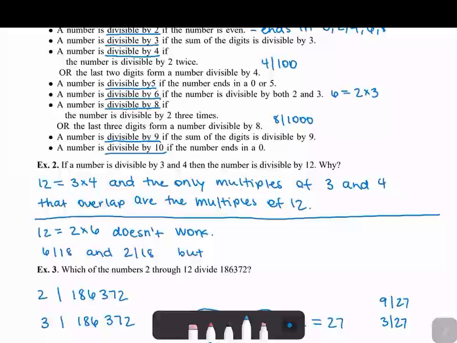So 18 is divisible by 2 and 6, but 18 is not divisible by 12. 12 does not divide 18. So this is a counterexample for why this doesn't work, but it also doesn't work because every multiple of 6 will be even. So we don't have the case that the only multiples of 2 and 6 that overlap are the multiples of 12. It's every multiple of 6 that overlaps there.